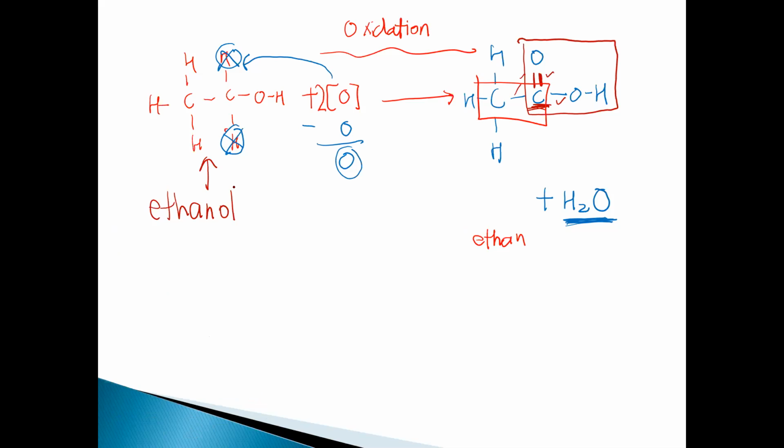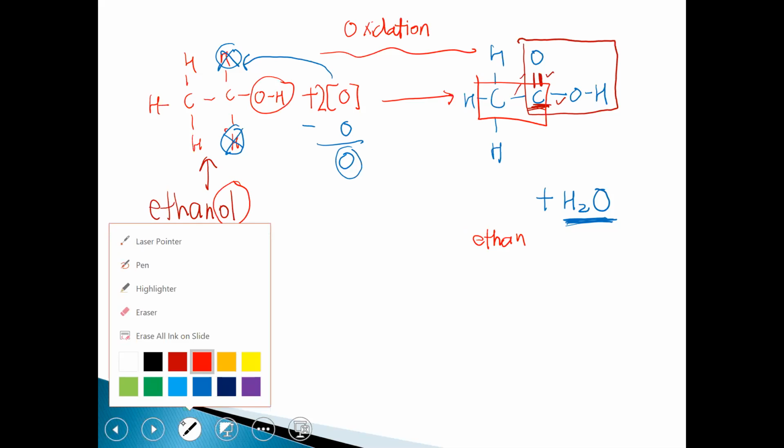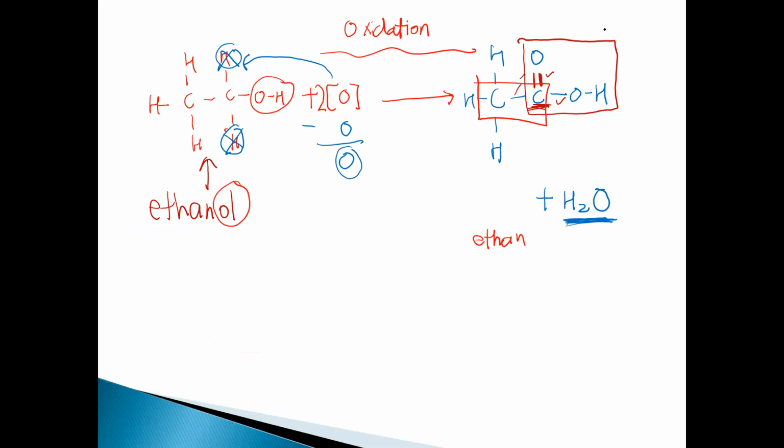But now my functional group is not an alcohol group. See, it's no more OH. Now my functional group is COOH. Whenever you see this COOH, it is an acid.